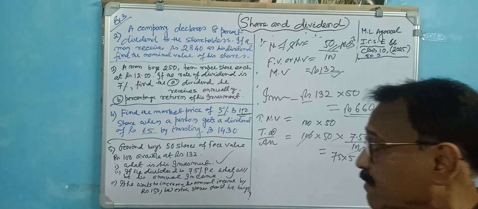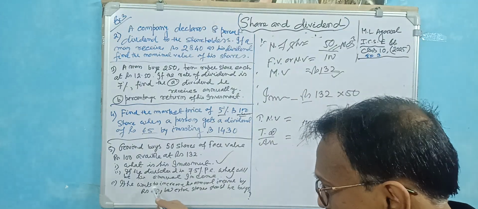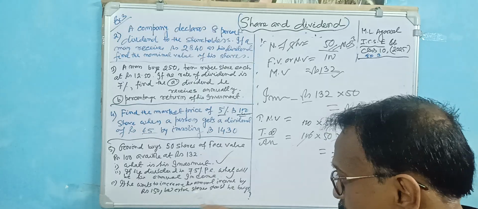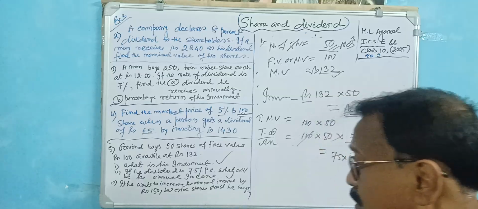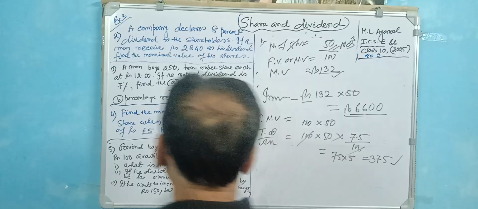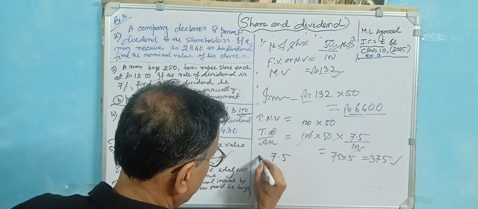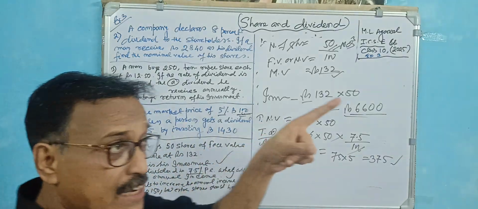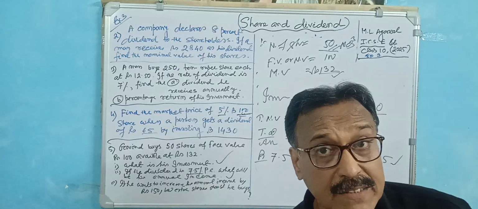Here is a very important thing. If he wants to increase his annual income by this extra amount, how many shares must he buy? Each and every share he gets 7.5%. Actually, the annual income is 7.5% dividend.